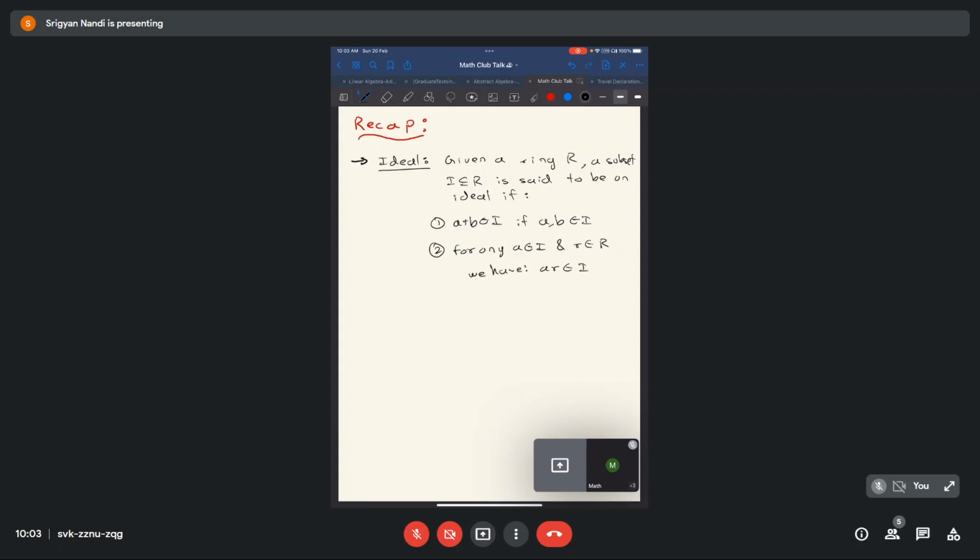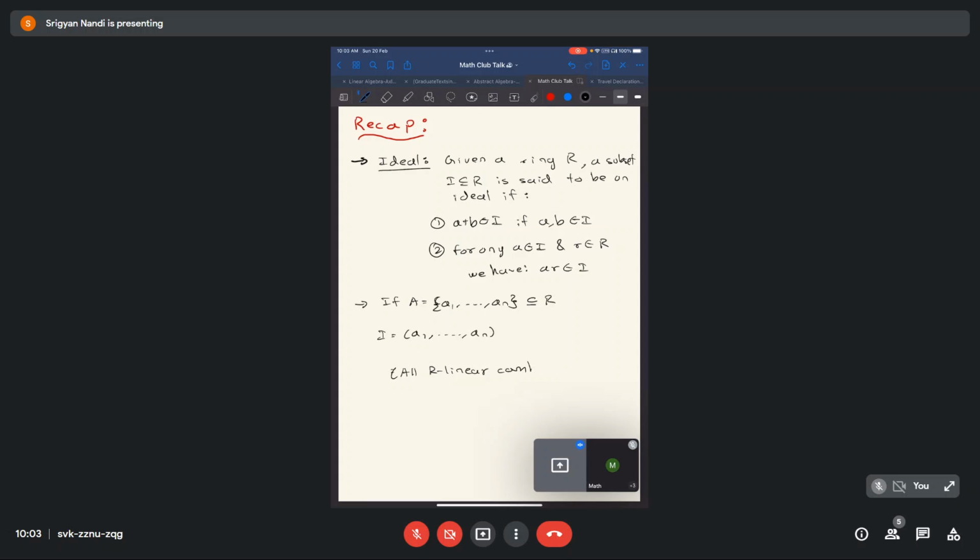We had multiple kinds of ideals, and we also defined what it means for a subset of R to generate an ideal. If we have a subset A equal to {A1, ..., AN} of the ring R, then the ideal generated by A1 to AN, which uses the same notation as the span of a basis of a vector space, is all the R linear combinations of these elements.